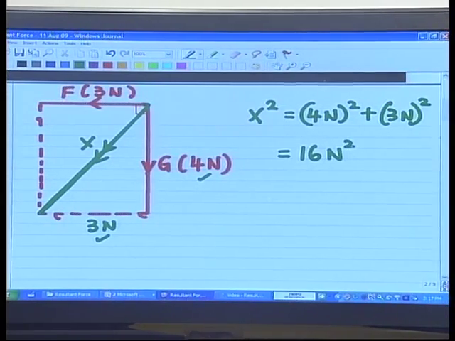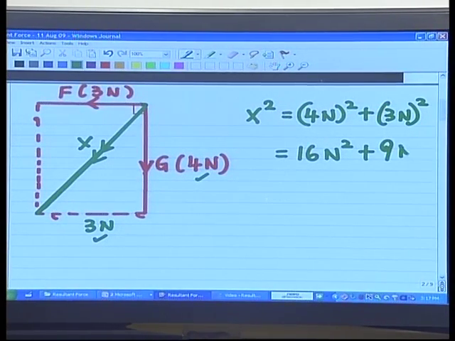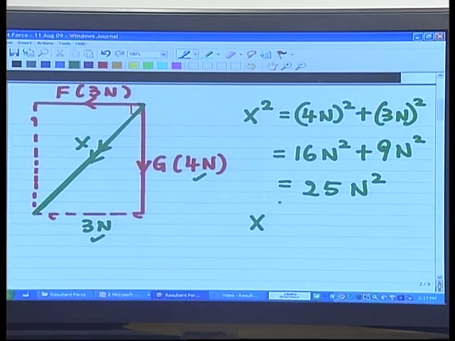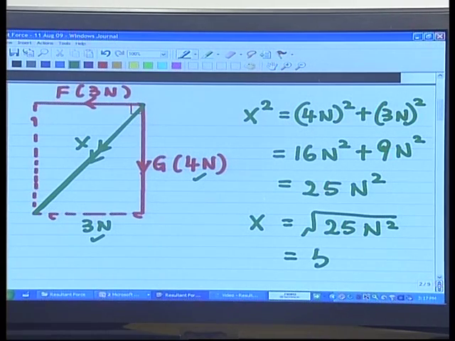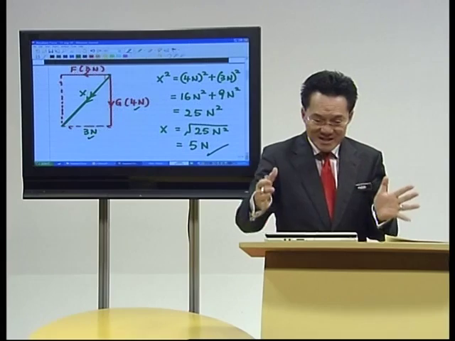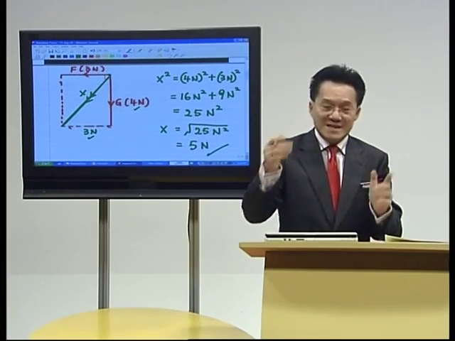And what we'll get is 16 newtons squared plus 9 newtons squared. I will get 25 newtons squared. So we need to calculate the square root of x squared, which is x. I write down the square root of this. And what will I get? 5 newtons. Beautiful. So this is the magnitude or the size of the resultant force x.